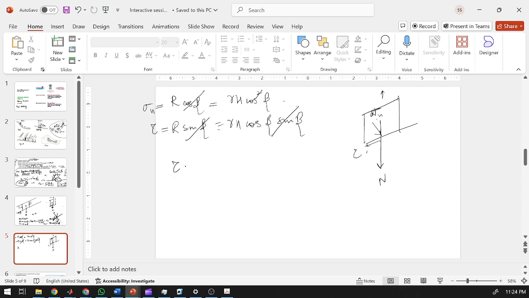We know the shear strength tau, or tau at failure, is equivalent to C dash plus sigma dash tan phi, and sigma dash from here is gamma h cos square beta tan phi.